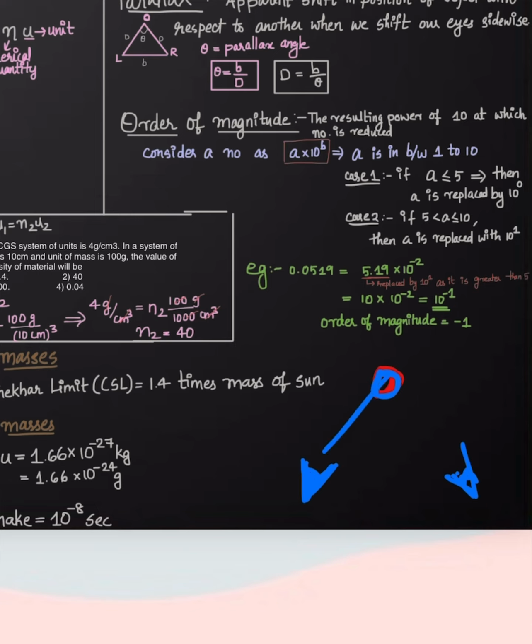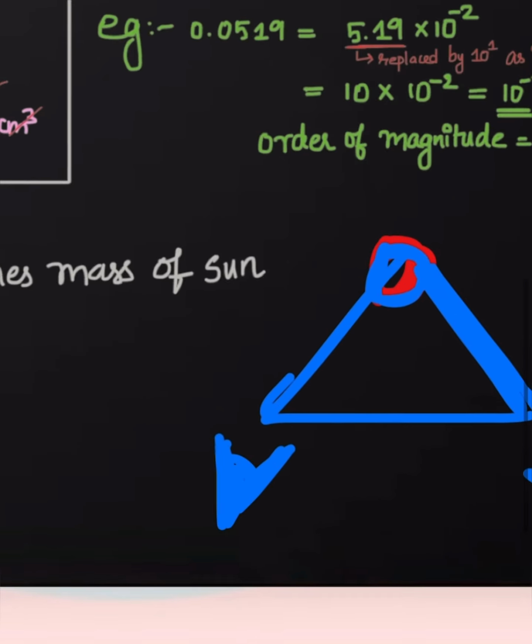If we shift the position of observation, we can find the distance.